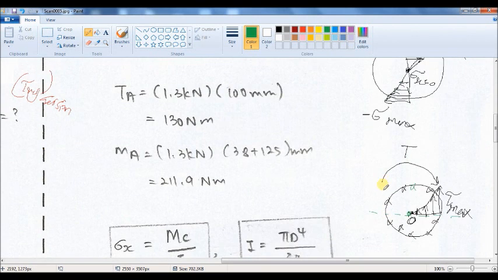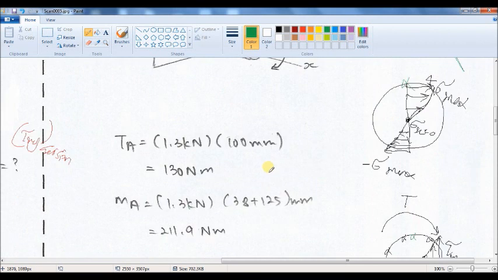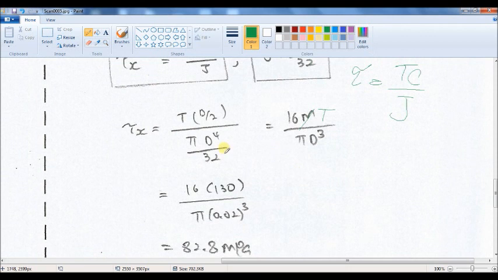Since the torque is in this direction, or clockwise, we can say that the torsional shear stress will be in this direction. So we call that tau x z, right? So I can correct this to tau x z.